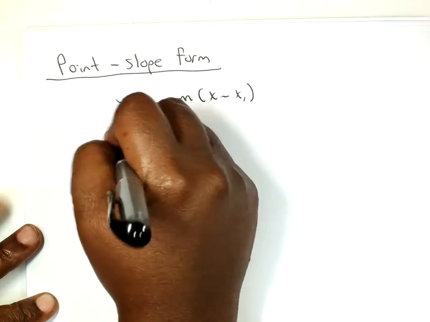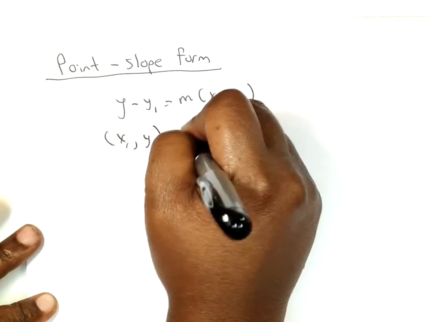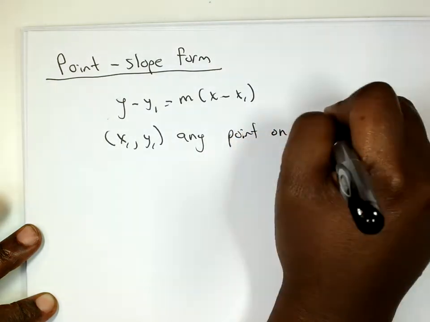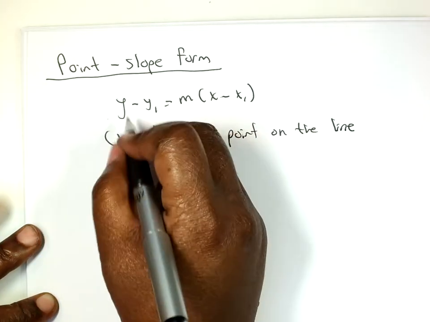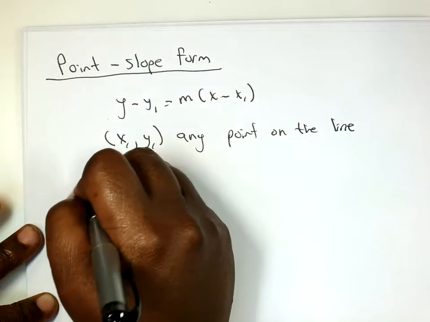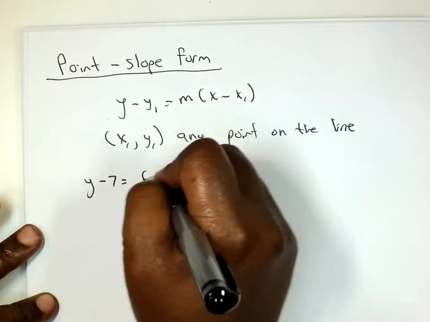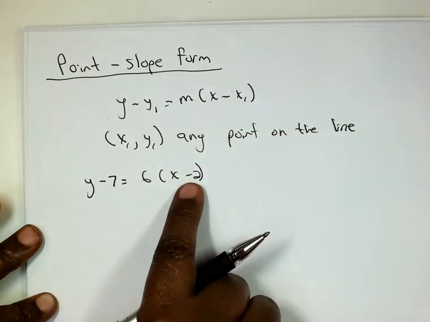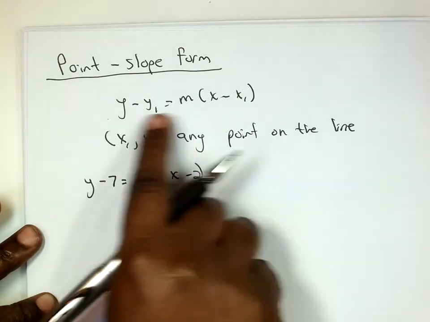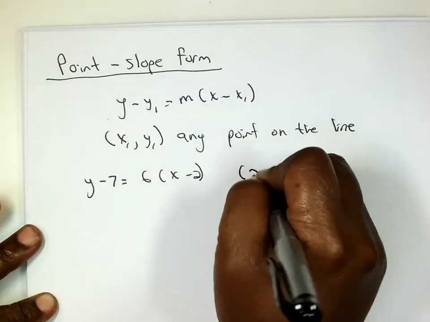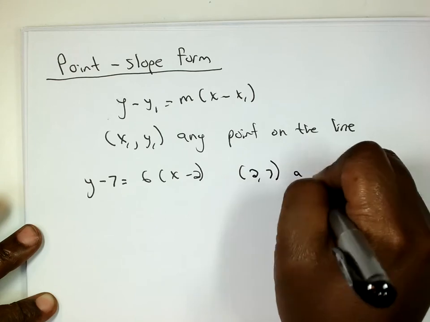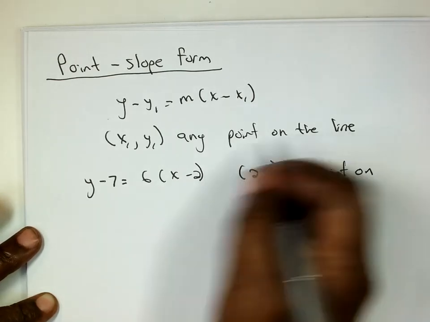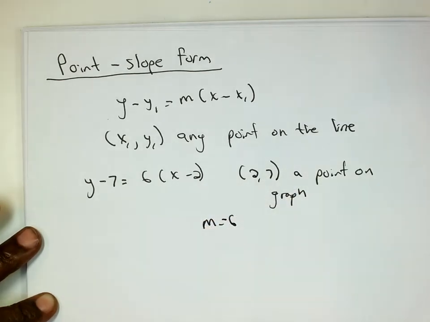So x1, y1 is just any point on the graph. So for example, if I have y minus 7 equals 6 times x minus 2, then this point, remember these are subtracted, so the point 2, 7 is just a point on the line. And the slope of this is equal to 6.